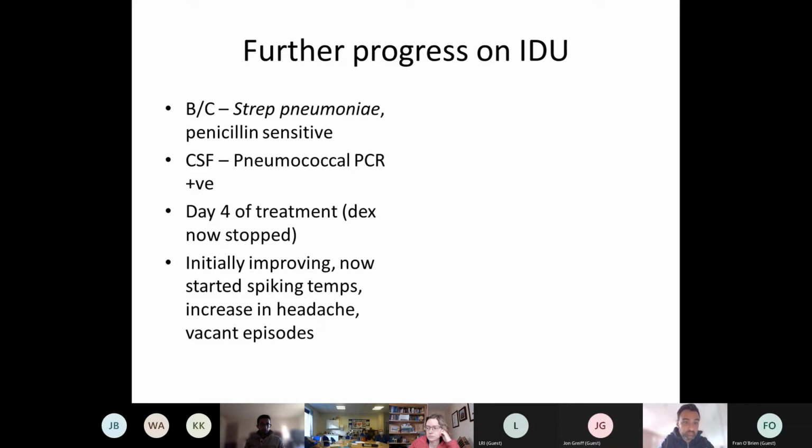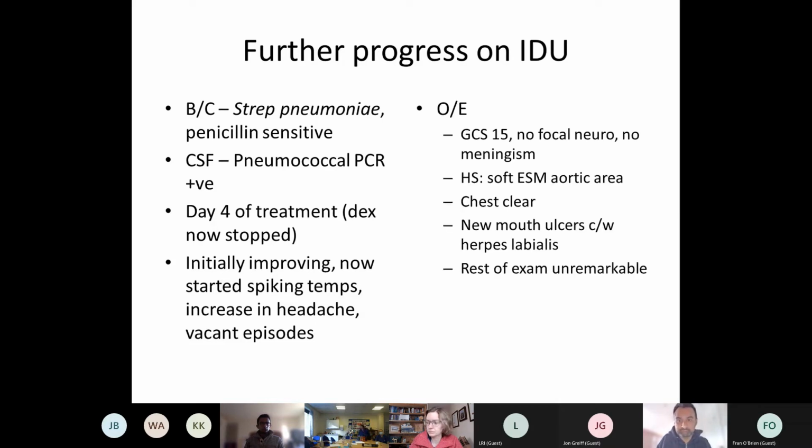So day 4 of treatment, dexamethasone is stopped as you would, and she's improving really well. But actually after a few days, she starts to spike temperatures again. There's an increase in the headache, and she's seeming to have some vacant episodes noted by the nursing staff as well, which she wasn't having before. So you go back and examine her again.